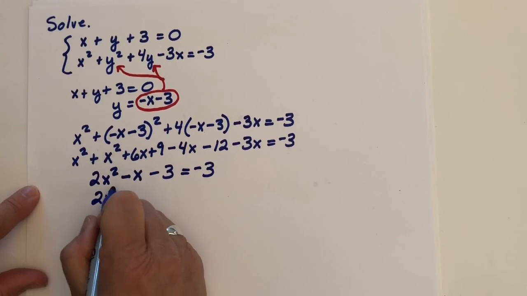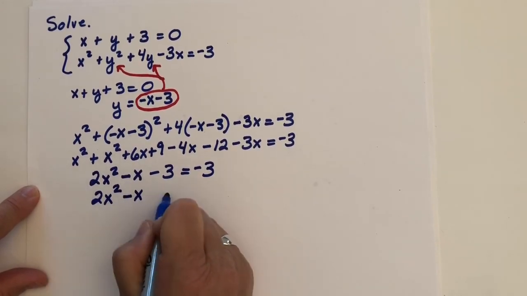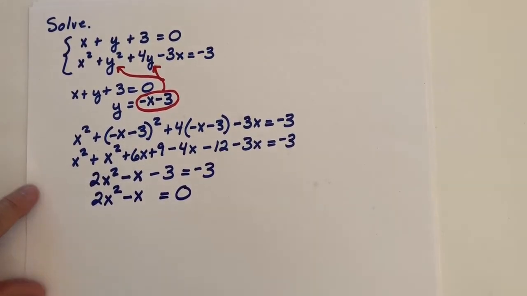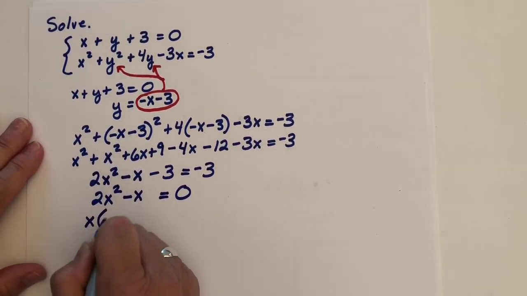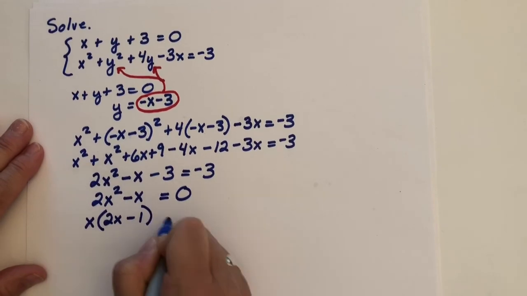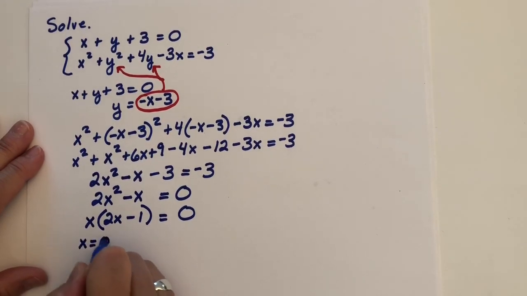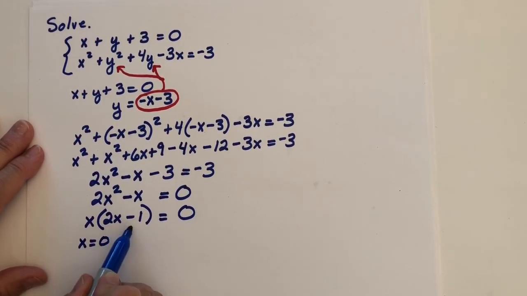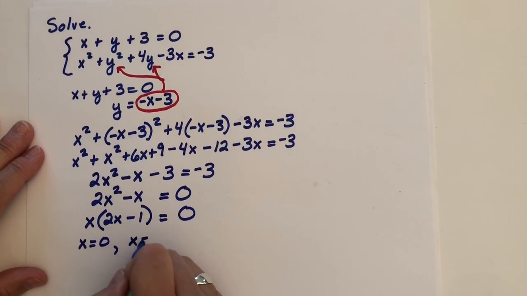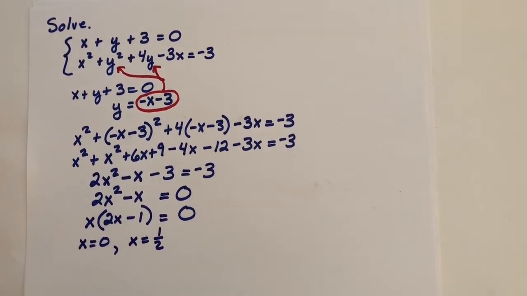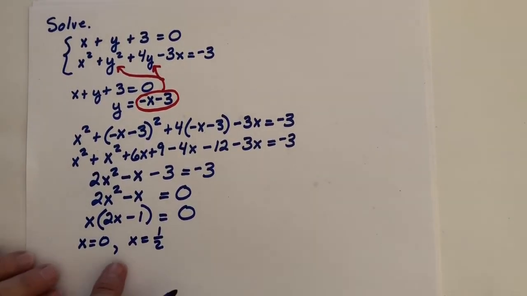So we have 2x squared minus x equals 0. This one's factorable by just factoring out the x, and we would have x times 2x minus 1. So the x coordinates of our solutions will be 0 and, from this factor, we would get x equals 1/2.